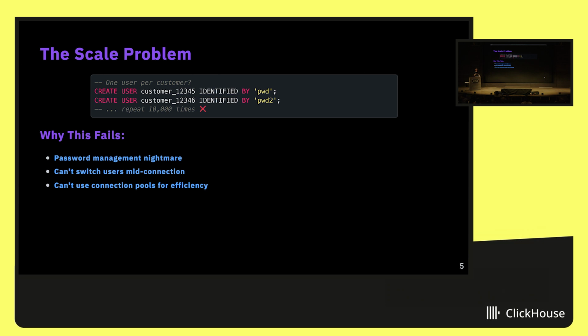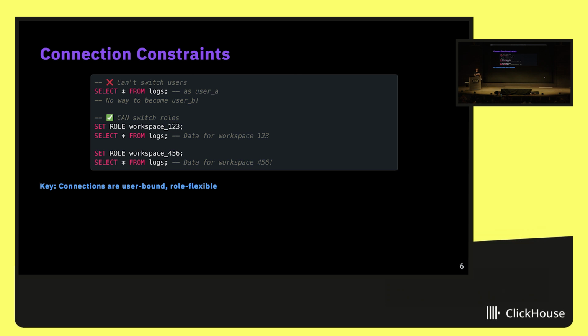But the thing that we were exploring is actually implementing row-based access control. So ClickHouse has this, and this is another example of how it actually works in practice. If you are using users, you can't switch from user A to user B inside the same connection. You have to disconnect and reconnect.